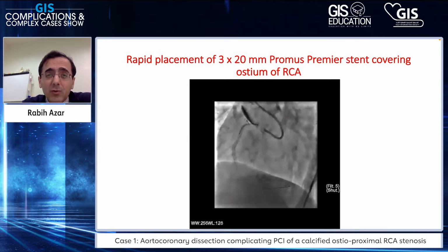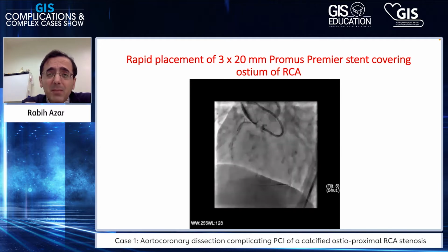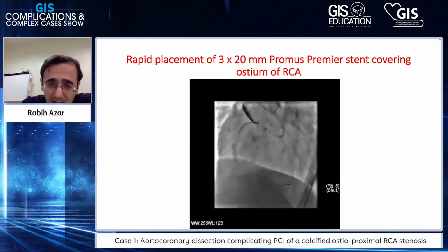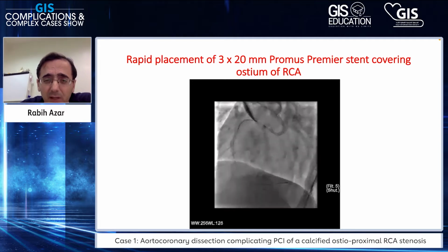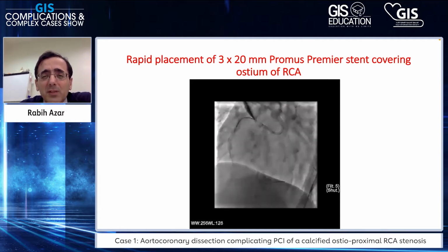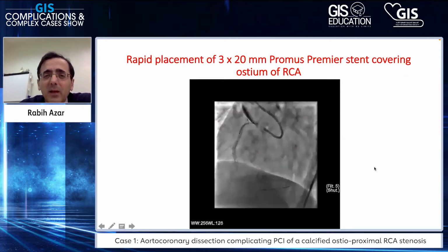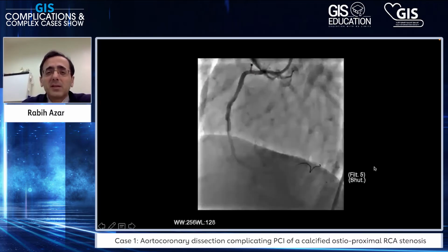We immediately took this other 3 by 20 millimeter RCA stent, and we placed it into the proximal RCA with a proximal segment extending 1 or 2 millimeters inside the aorta, and inflated it. And this is what we got.